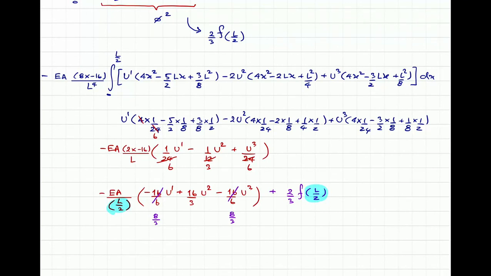So when you change to different kinds of element, you just take the element size and put it back in here, right? This is also very useful if you want to compare with what you learned in direct stiffness approach and computer methods in structural analysis, because we do EA over L, which is the element length, and then in the bracket, in the stiffness, you have the numbers in there.